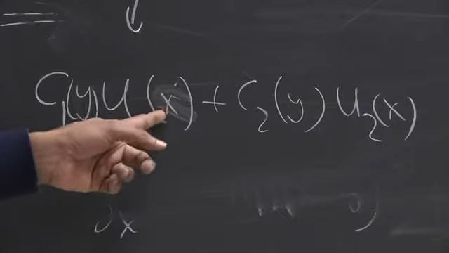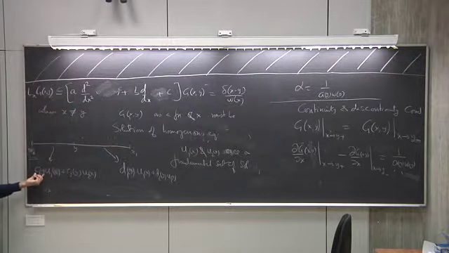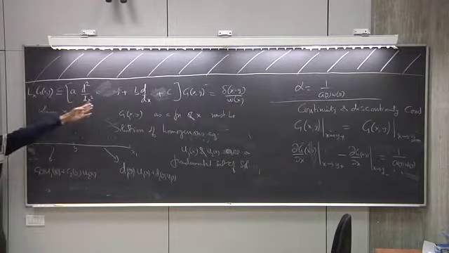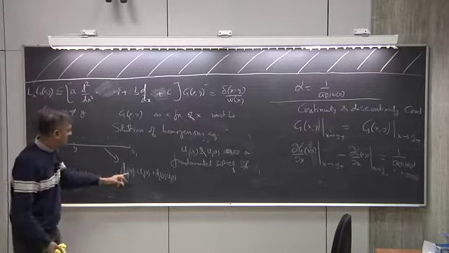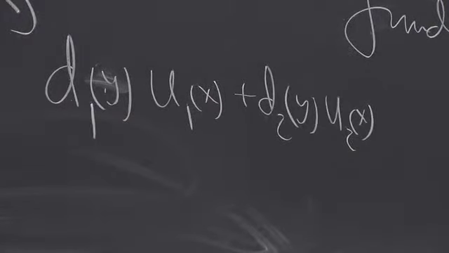Because the differential operator is acting only on x, even if it depends on y, it's just a constant as far as this is concerned. The same way here is some linear combination, and the coefficients I just call d1 and d2.